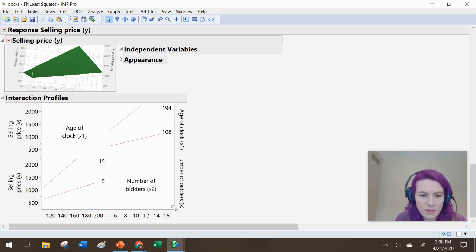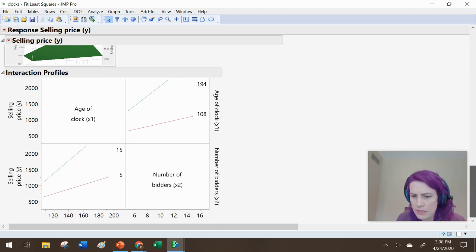So what's going on here? We have our two variables arranged in a little matrix. So age of the clock is going to be on the x-axis in this lower graph, whereas number of bidders is going to be on the y-axis in the top graph. All right, so let's stick to the bottom left for now. So along the x-axis then is the age of the clock.